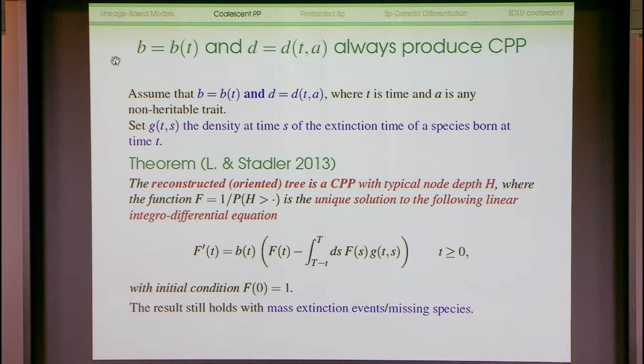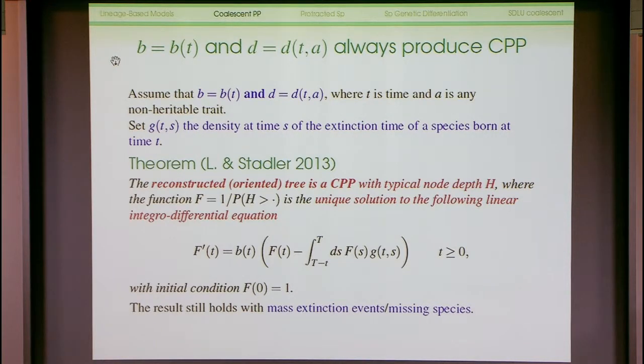And as I was saying previously, the theorem is the following. Maybe let's forget about the details, but the idea is that you start with a birth-death model where B only depends on time and D only depends on time and a non-heritable trait, let's think about the age.